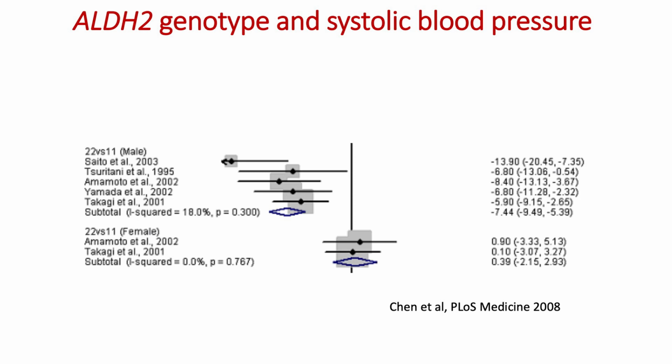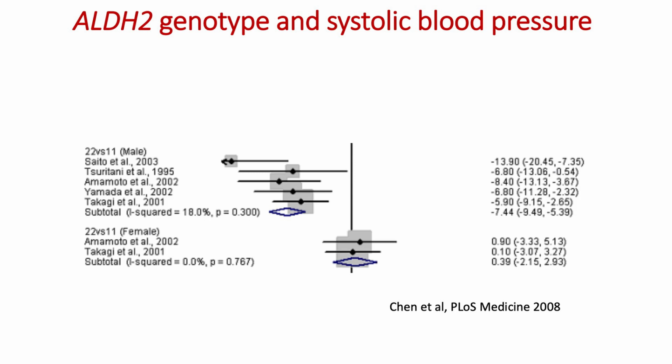Okay, so having this genetic variant is associated with lower blood pressure than if you have the homozygous type that means that you can drink a lot.